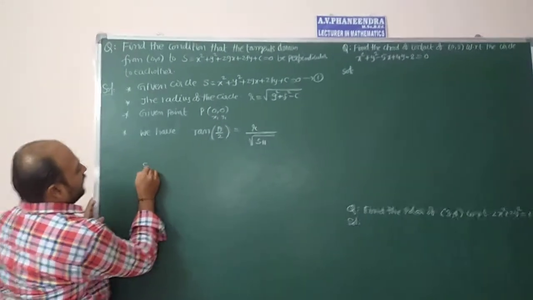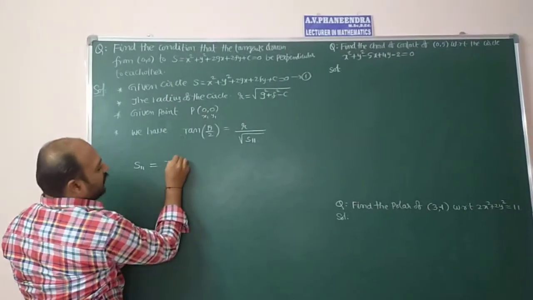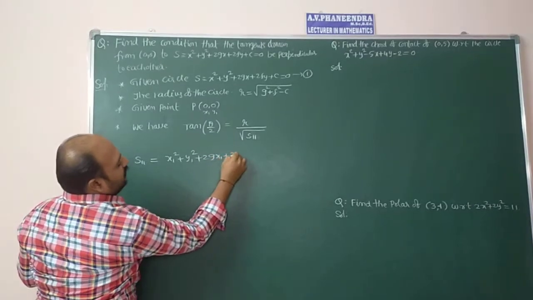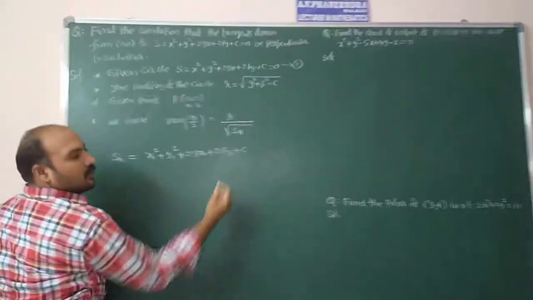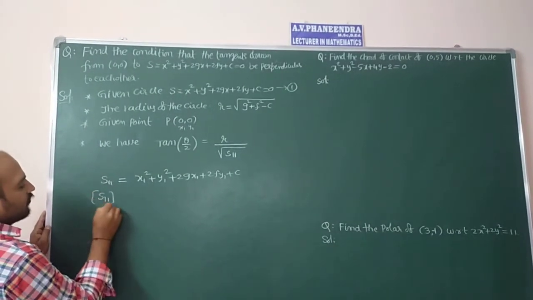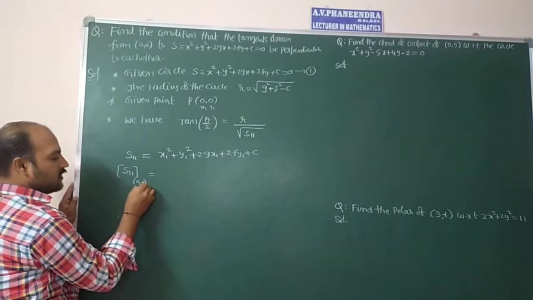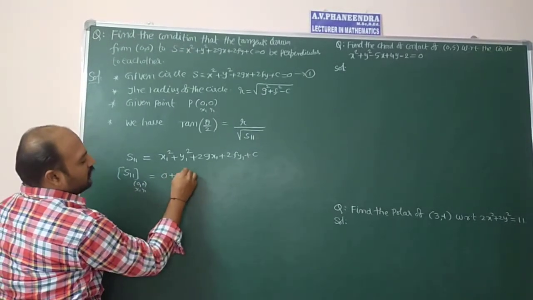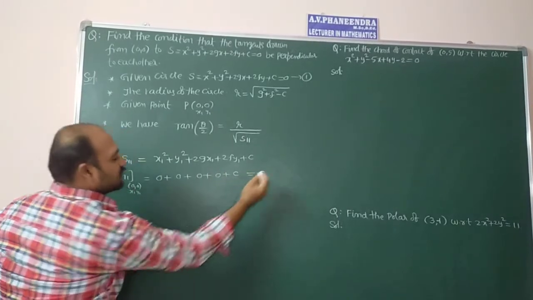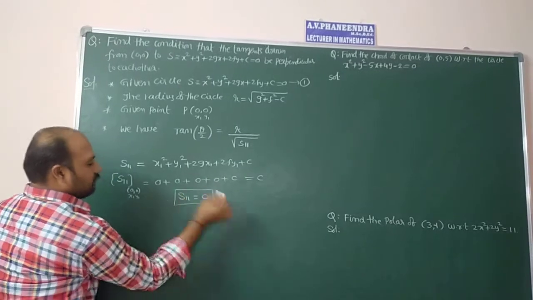S11 for this circle is x1 square plus y1 square plus 2gx1 plus 2fy1 plus c. S11 at what point? Origin, S11 at 0, 0. So wherever x1, y1 is there, you have to replace with 0, 0. So all the terms go to 0 except c. So this value is equal to c. Therefore, S11 is equal to c.